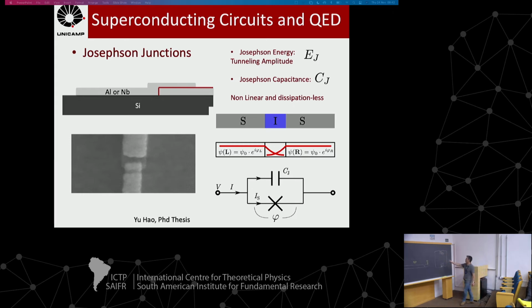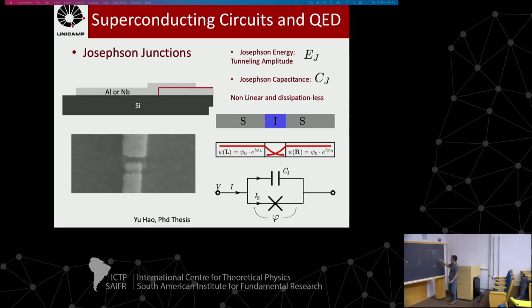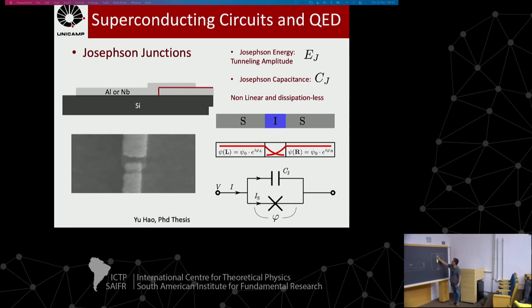Because we have this small bridge, a small part of material that's blocking the atoms of aluminum from passing through. So you keep this for some time, and then you have aluminum deposited here and here.